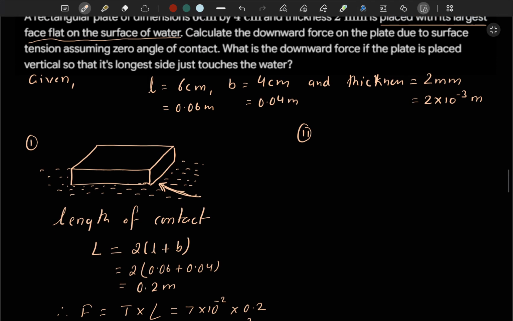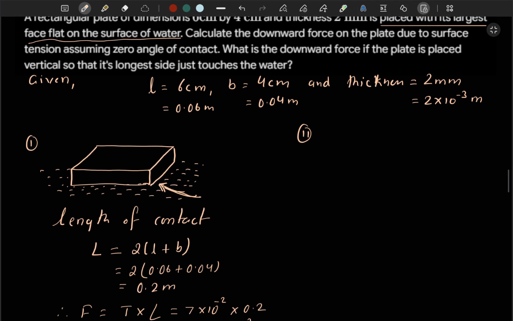One thing given over here is surface tension of water is 7.0 into 10 power minus 2 Newton per meter.